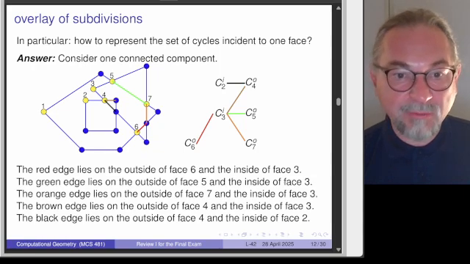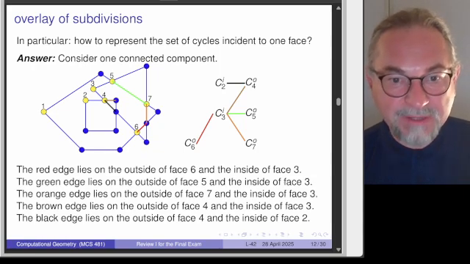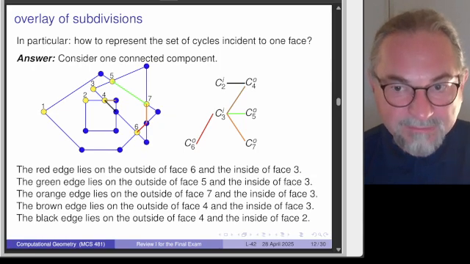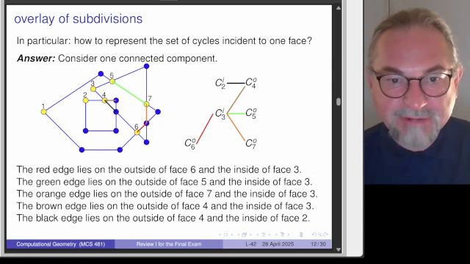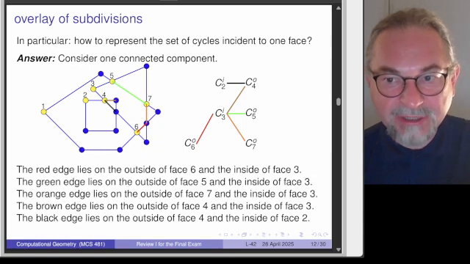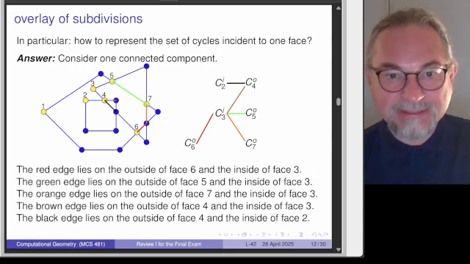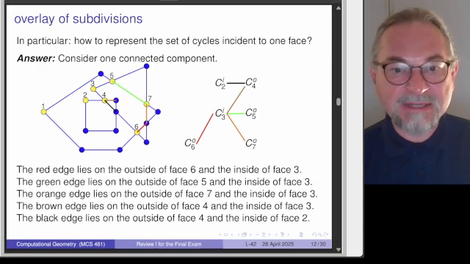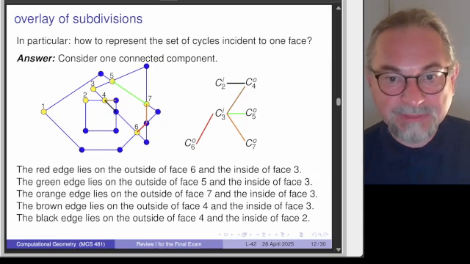In particular, we have the face marked 6, and that shares an edge, a red edge. So the red edge lies at the outside cycle of face 6. So it's part of the outside boundary.